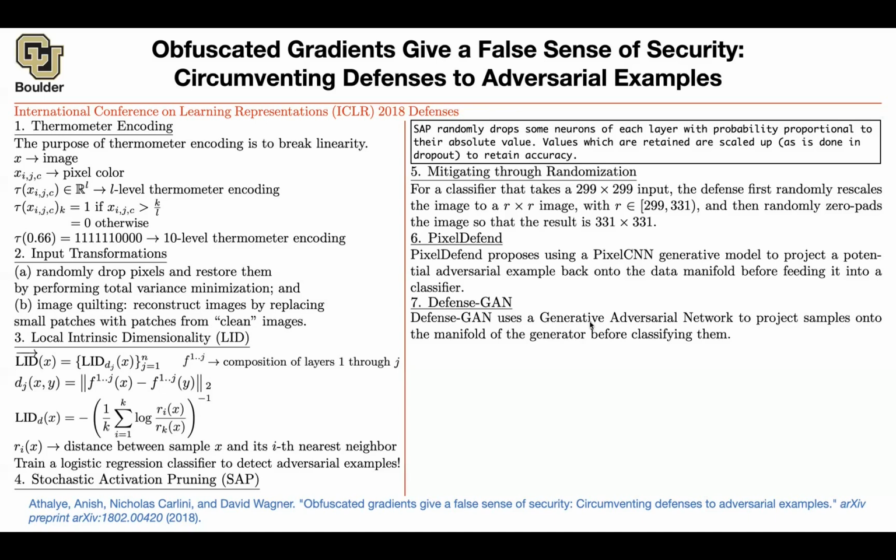Both of these are going to create a manifold in the space of images. A manifold you can think of as a curve in 1D or as a surface in 2D, etc. But these are high dimensional images. It's going to learn a manifold, and then you're just going to project your adversarial examples back to that manifold.